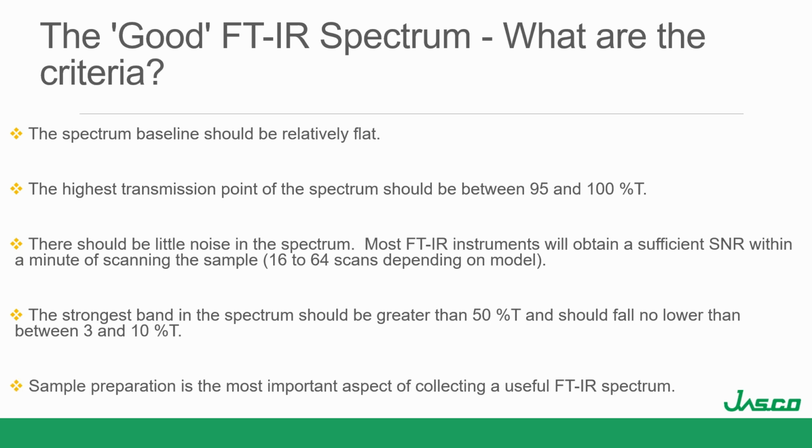And one of the most important aspects of collecting a useful spectra is sample prep. Some of these I'll talk about. It just takes a little bit of patience to get the sample where it's good.